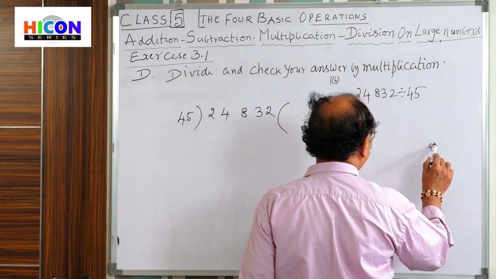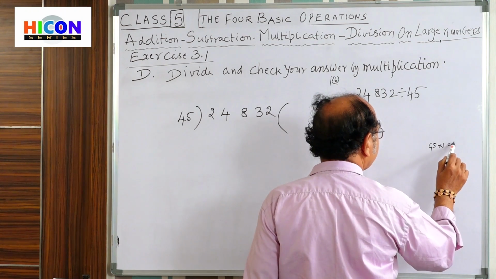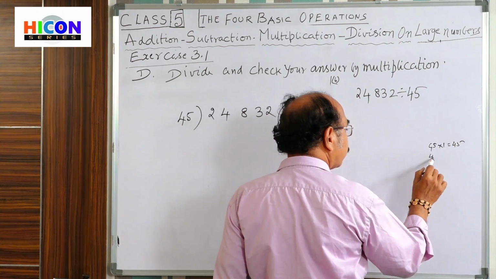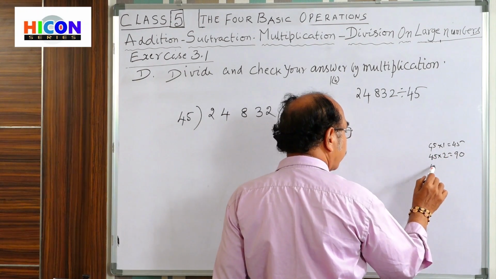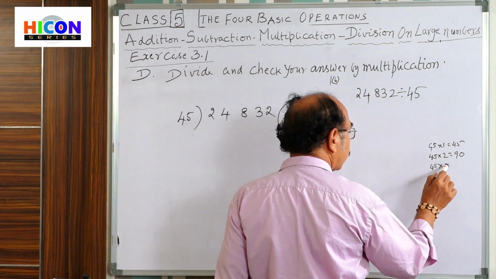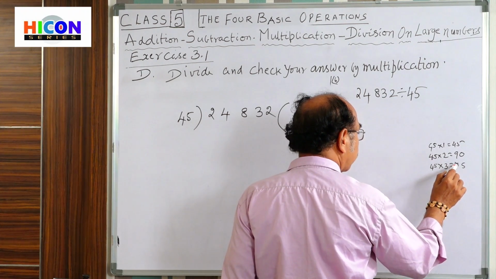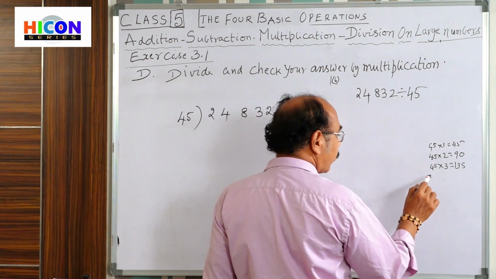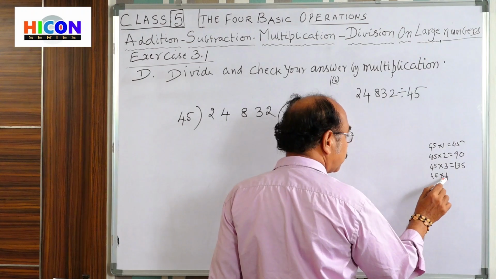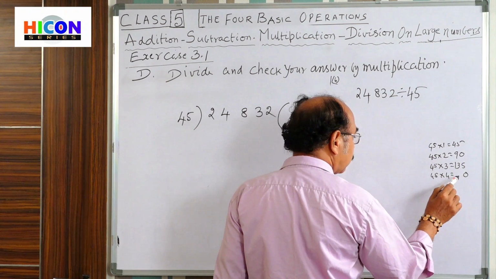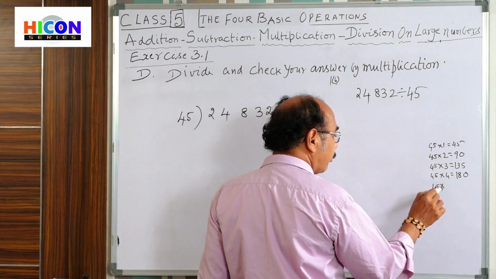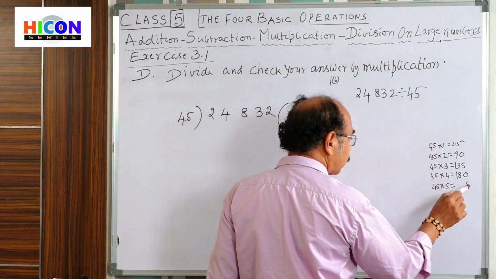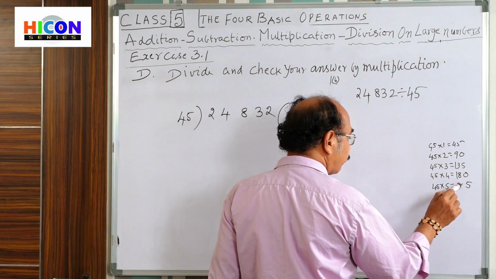Here 45 ones are 45. 45 twos are how much? 90. 45 threes are 135. 45 fours are 180. 45 fives are 225.